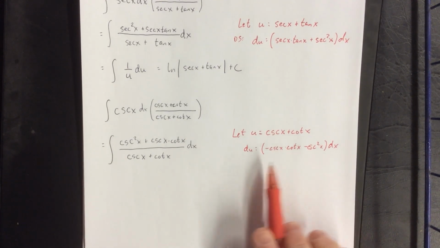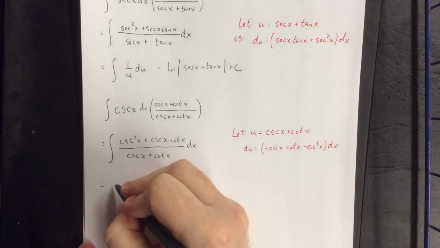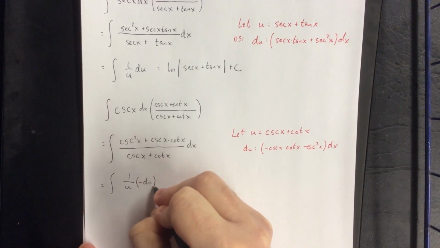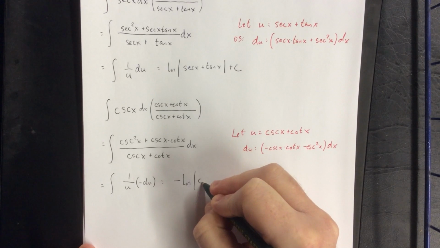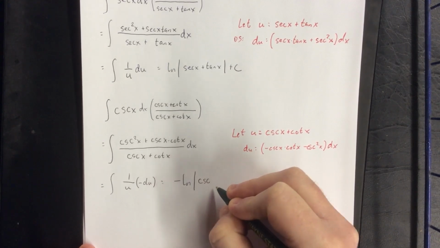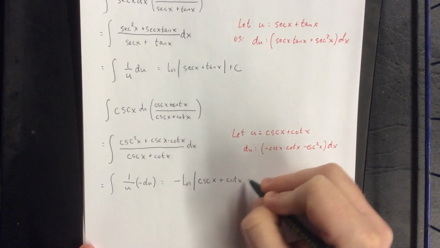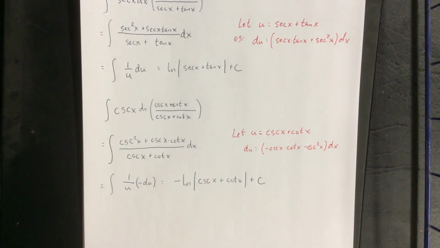That is, aside from the negative signs, exactly what we have in the numerator, which means that when I make a substitution on this, I will get 1 over u times negative du. We have already seen several times that that is simply going to turn into the negative natural log of the cosecant of x plus the cotangent of x plus a constant. Know these formulas well.